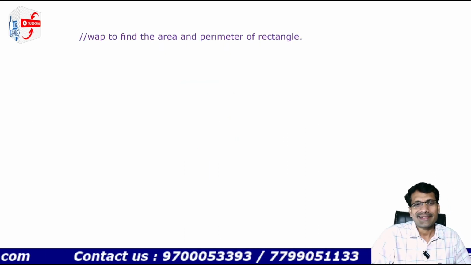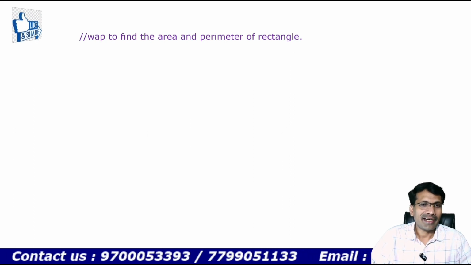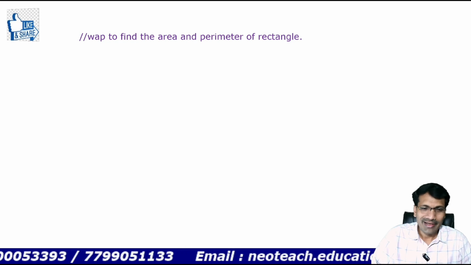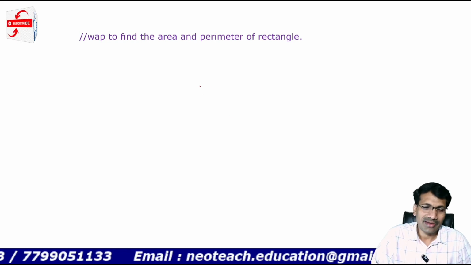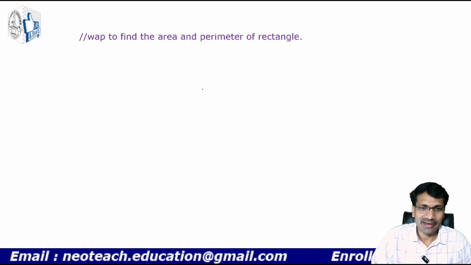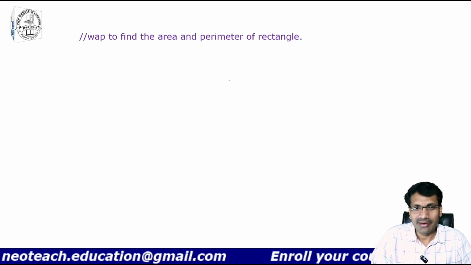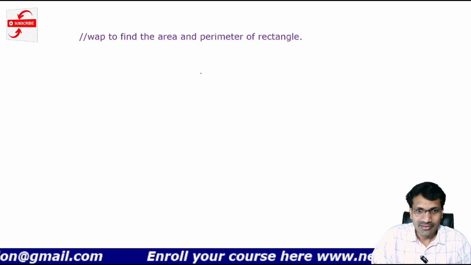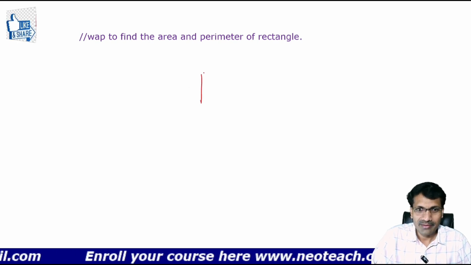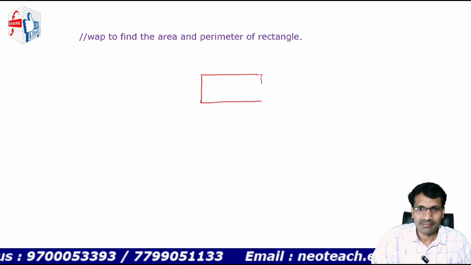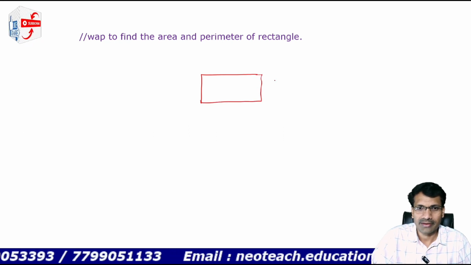So the next question is, write a program to find the area and perimeter of a rectangle. Okay, so in the same way you can analyze this. You already know how to find the area and perimeter of a circle. Now in the same way you can draw the rectangle and try to solve it. Okay, so see here, simply this is the rectangle, like this.